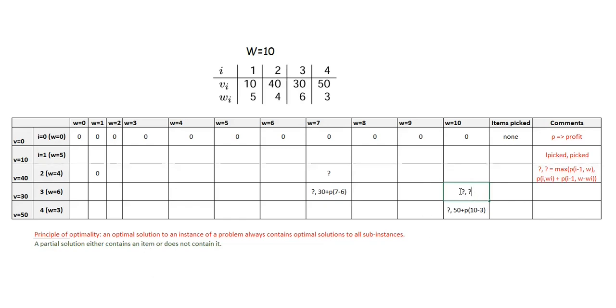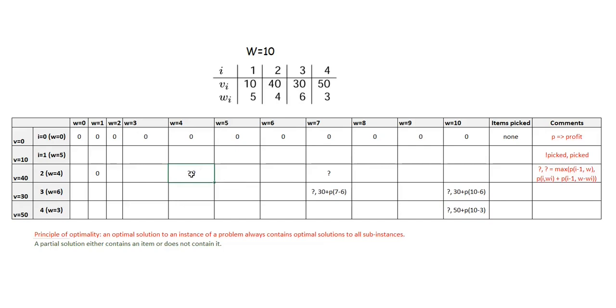If we pick up this item, our solution would be the profit from the current weight, which is 30, plus profit from the remaining weight, which is going to be 10 minus 6. So to resolve this one, we need P4. P4 is somewhere here. We don't know the solution for this one, so we put 2 question marks here.